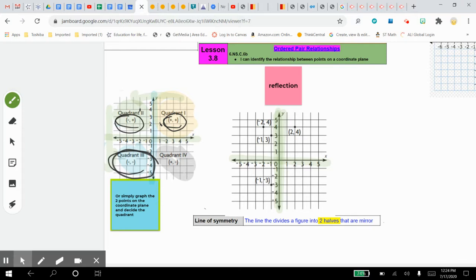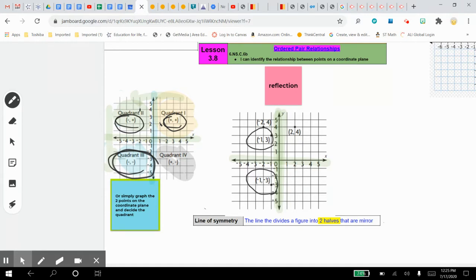The other thing that you have to be able to do here is tell if 2 points are a reflection on a coordinate plane. So, for instance, let's take a look at this coordinate right here, the negative 1, 3, and the negative 1, negative 3. We're going to look at a line of symmetry across the x-axis.